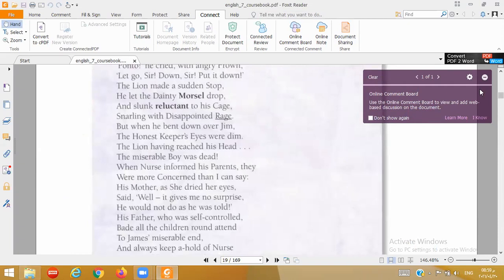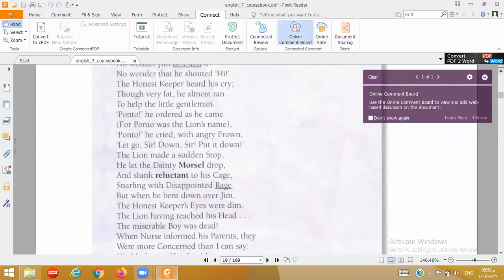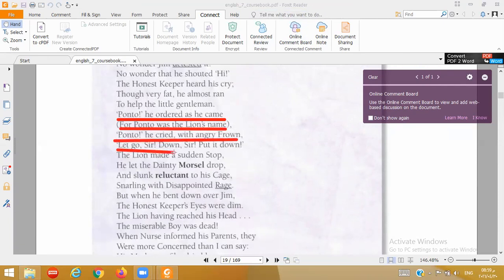The zookeeper, when he was talking to the lion. See, he said, "Ponto," he ordered as he came, for Ponto was the lion's name. "Ponto," with angry frown. "Let go, sir." He's talking to the lion.